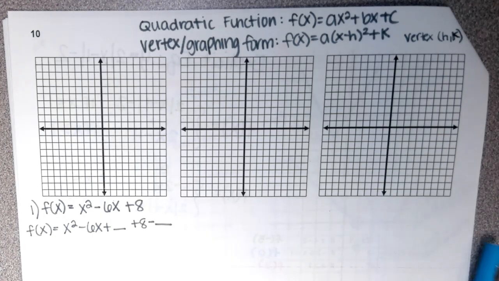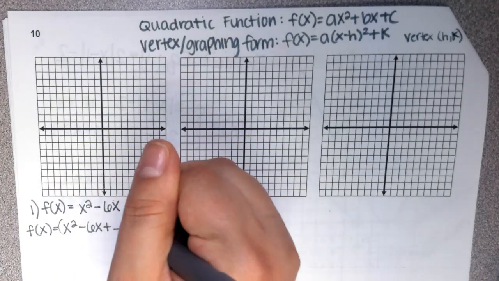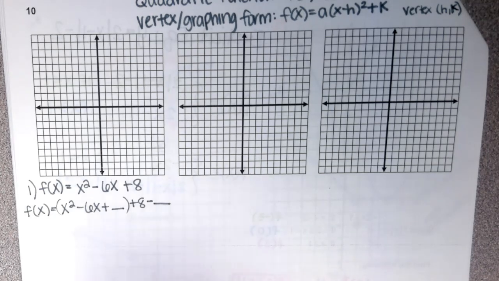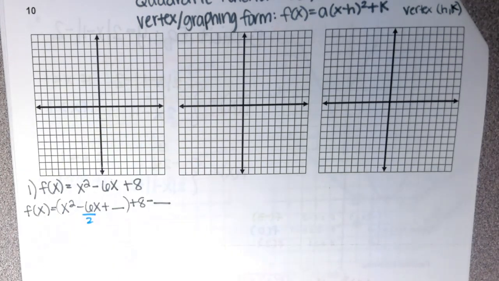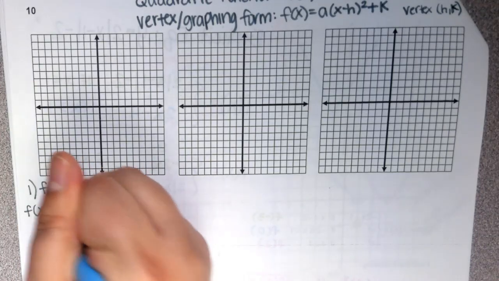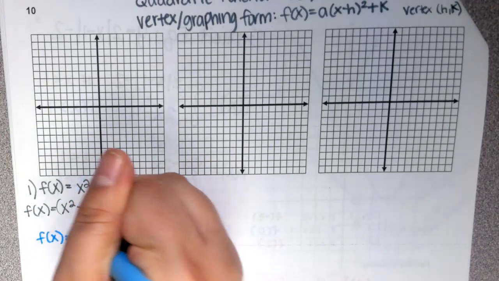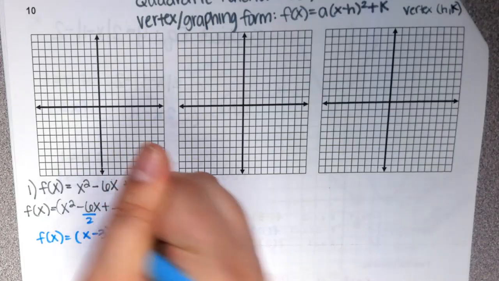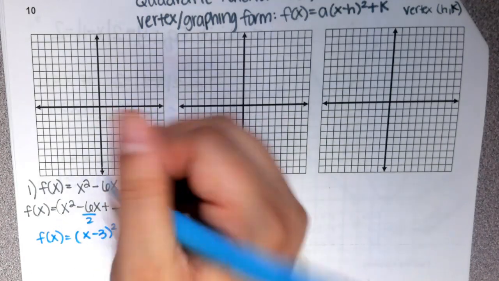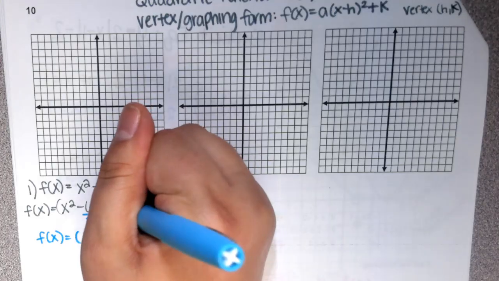Now, when we are completing the square, what we're trying to do is take this right here and make it a perfect square. How do we do that? Take half of your b term. What is half of negative 6? So it's going to become (x minus 3) squared. What's negative 3 squared? 9.